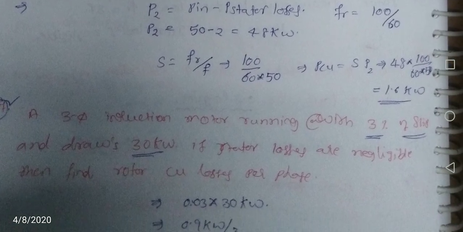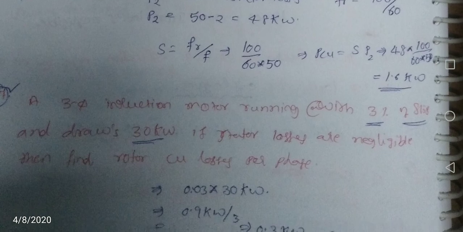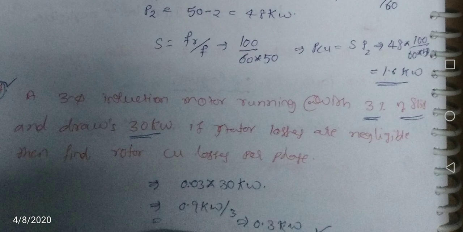A three-phase induction motor running at 3% slip draws 30 kilowatt. If rotor losses are negligible, then find the rotor copper losses per phase.